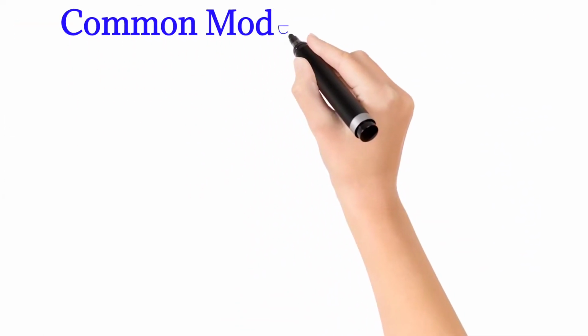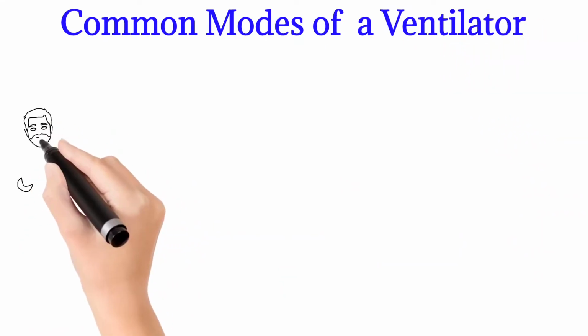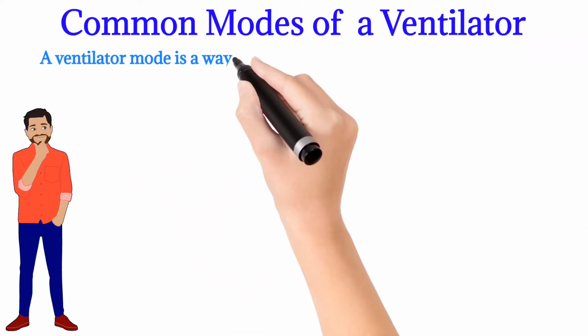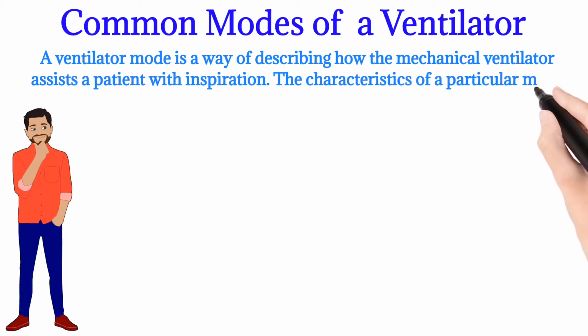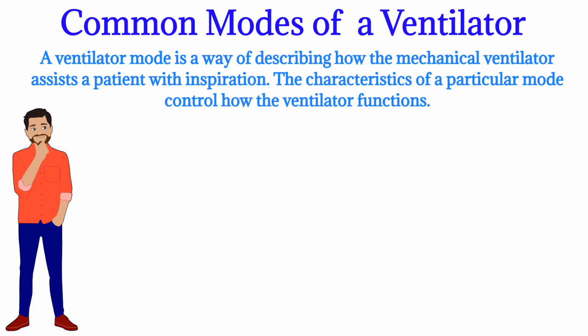Ventilator mode. A ventilator mode is a way of describing how the mechanical ventilator assists a patient with inspiration. The characteristics of a particular mode control how the ventilator functions.